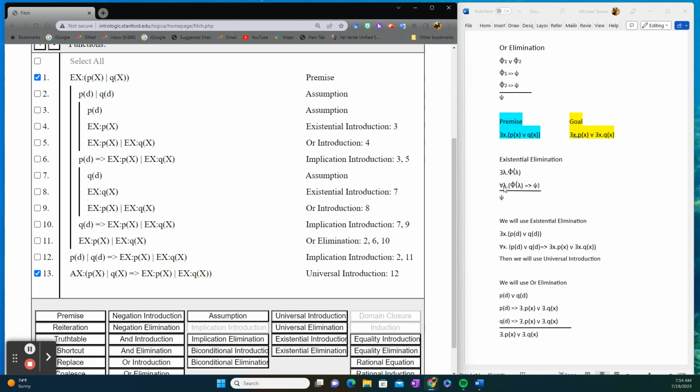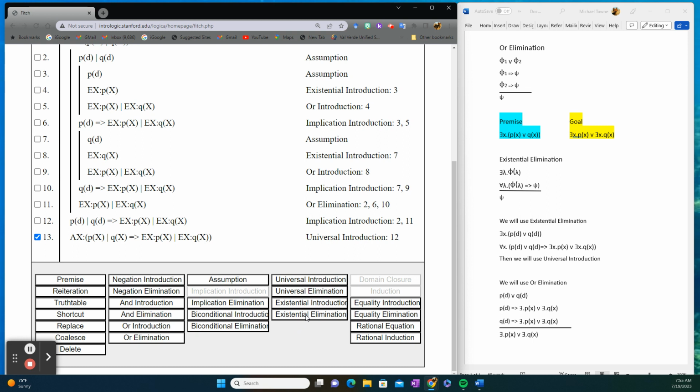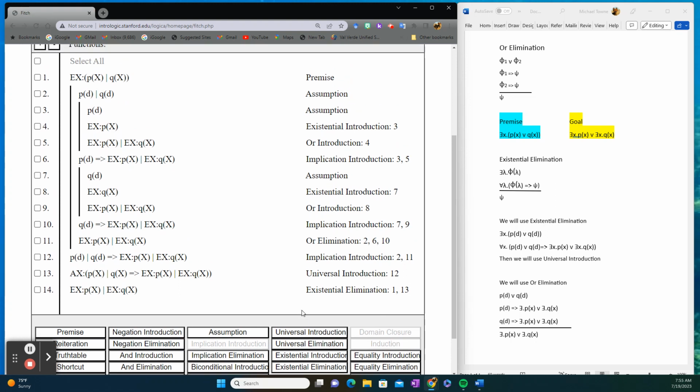Existentially quantified sentence, and then universally quantified sentence, where the antecedent, that's an implication where the antecedent is the same as the existentially quantified sentence, and the consequent is our goal. So now I can use existential elimination, and that was the goal. And that's how you prove it.